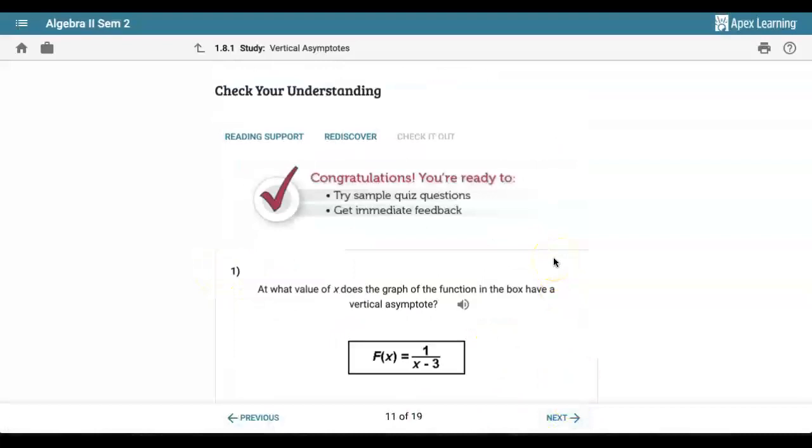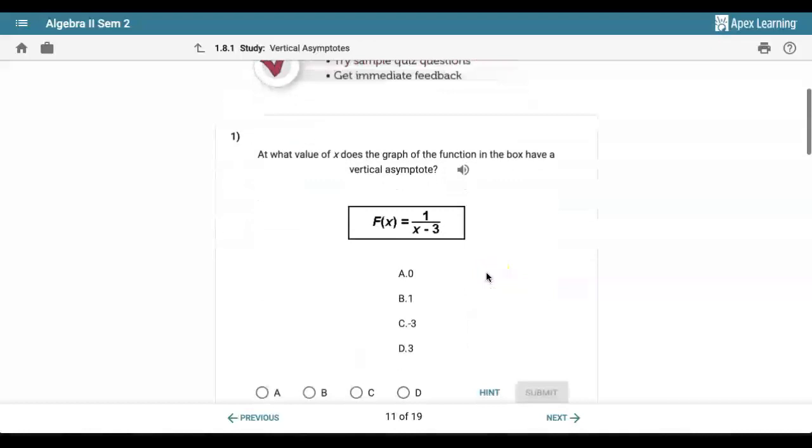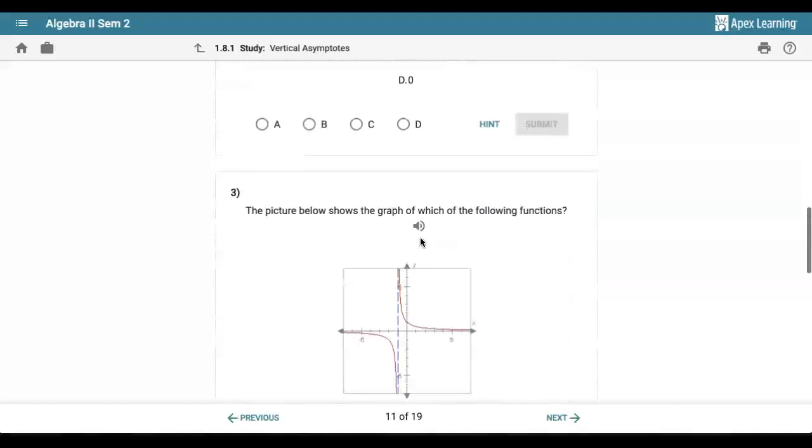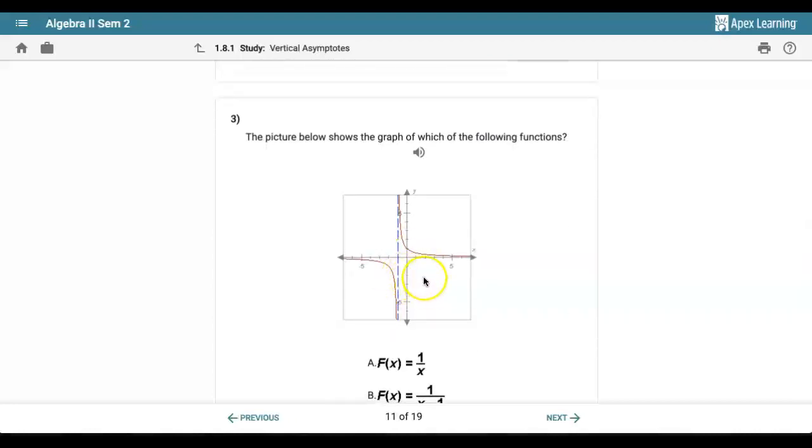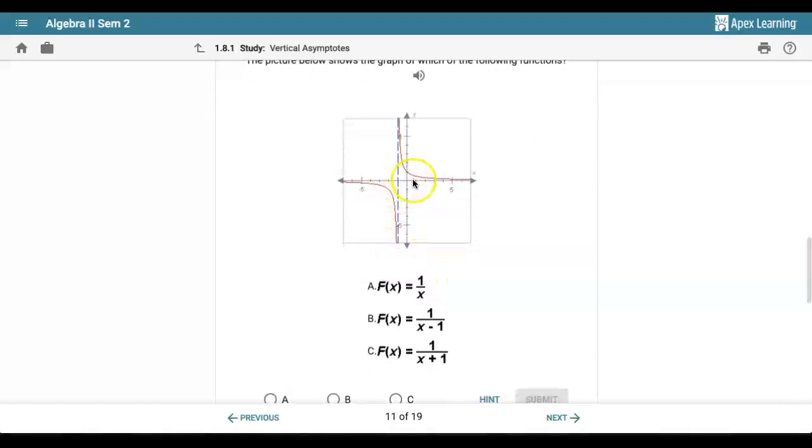All right, so then again, here is check our understanding. Basically, can you identify the vertical asymptotes? Where does the denominator equal 0? Or what value of x would make the denominator equal to 0? And then again, identifying them graphically and knowing that if this is at x equals -1, that means I'm going to have a value that makes my denominator equal to 0, and that value is when x is equal to -1.